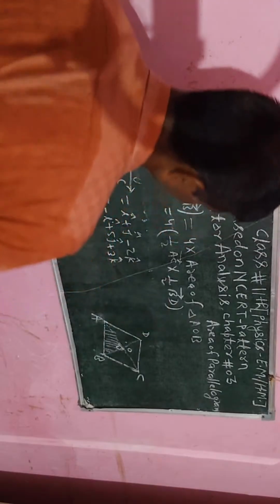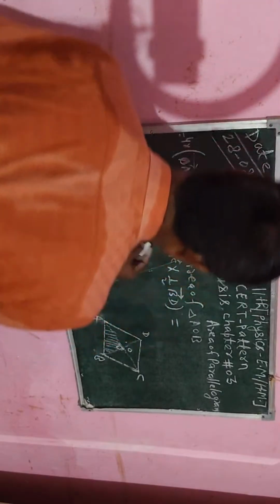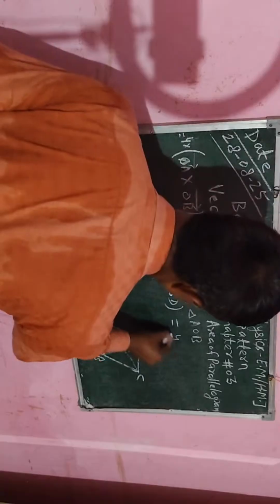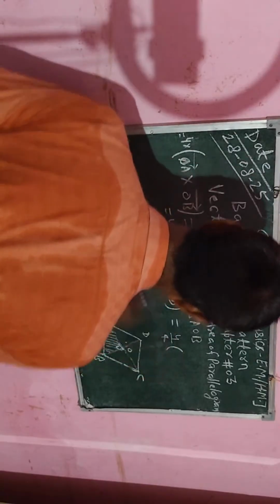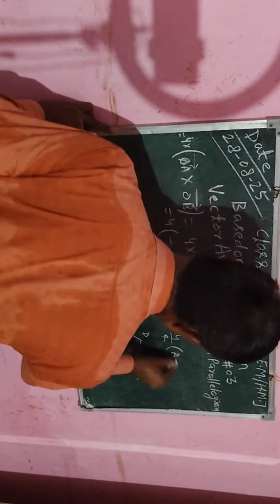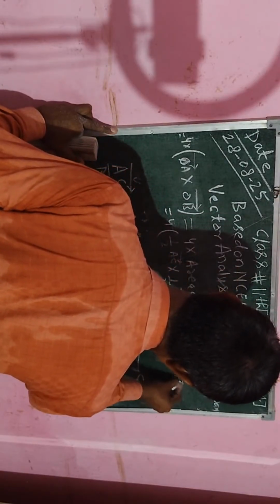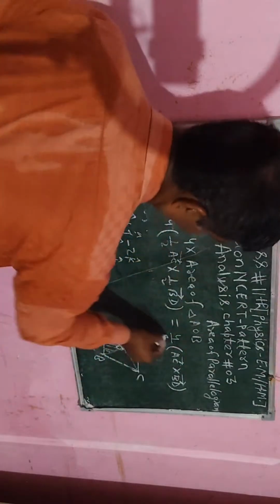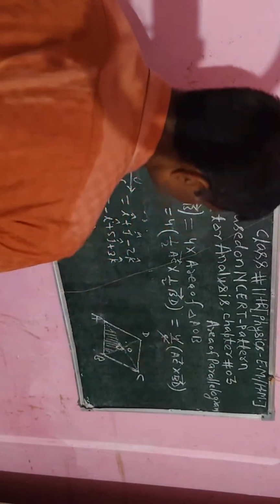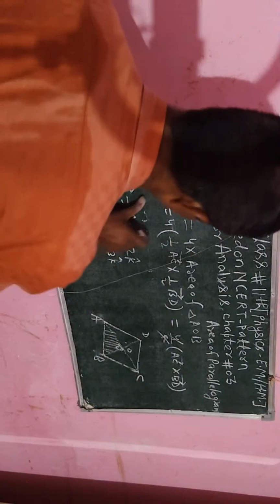Further, 4 divided by 4, here I have to write vector AC cross vector BD. So 4 and 4 will cancel out.